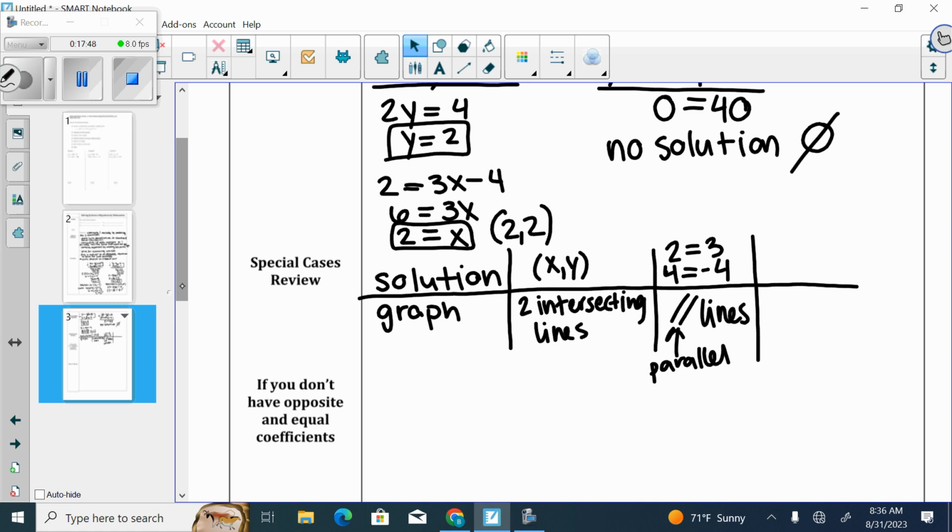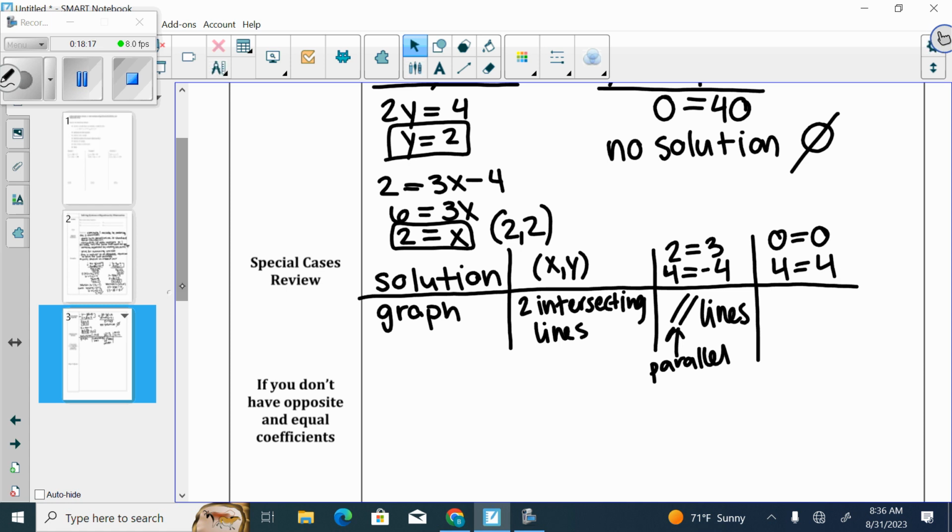All right, and then the last possible outcome would be maybe something like up above, where all of our variables zero out, but the other side zeroes out too. So we're left with a true statement. So maybe something like 0 equals 0, or maybe we have constants on both sides and we end up with 4 equals 4.